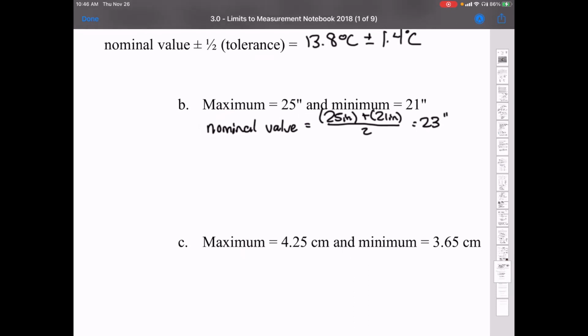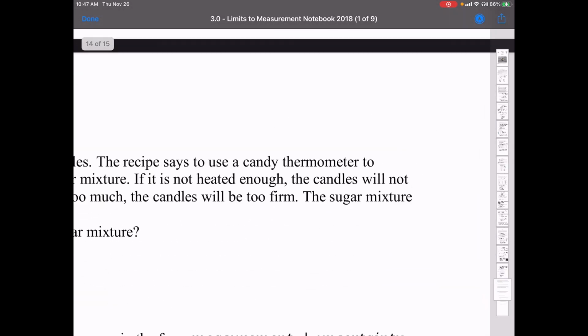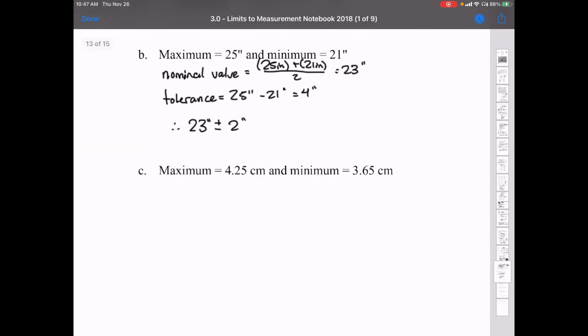And then our tolerance is 25 inches minus 21 inches, or 4 inches. So then our nominal value plus or minus half of our tolerance would be 23 inches plus or minus 2 inches, or half of 4 there.